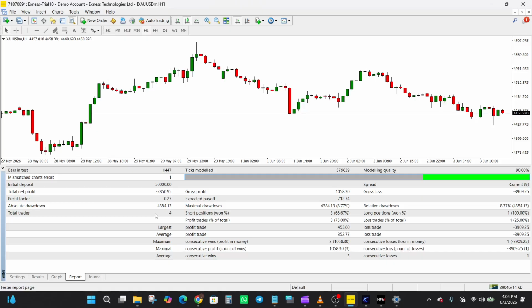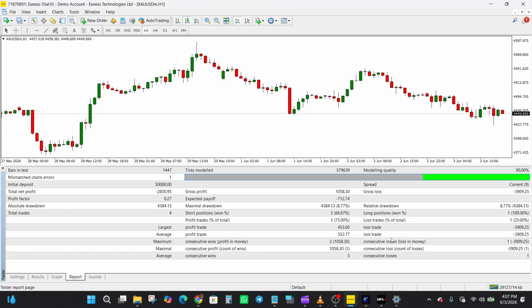We already saw that based on the information on the marketplace page, and we can see that short positions were 3 with a 66.67% win rate, so that means 2 of them were profitable, and then the long position was just 1, which was a winning trade. The largest profit was $453.6, largest loss $3,909.25. The average profit was $352.77, and the average loss $3,909.25.